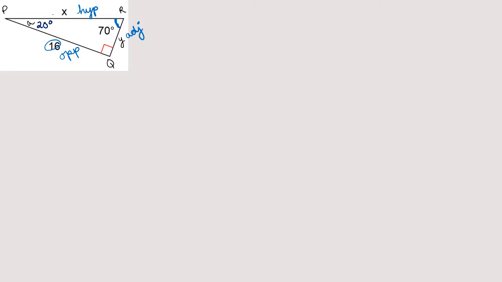So this 16 is opposite the 70-degree angle, and x is the hypotenuse. I can find that using the sine ratio. I know that the sine of 70 degrees has to equal opposite over hypotenuse, 16 over x.